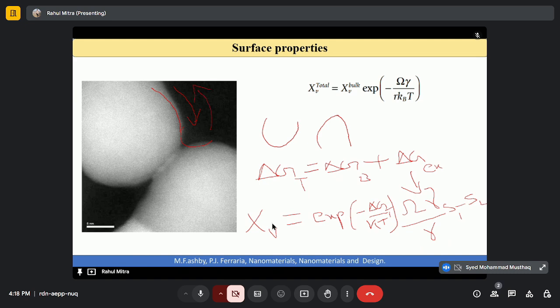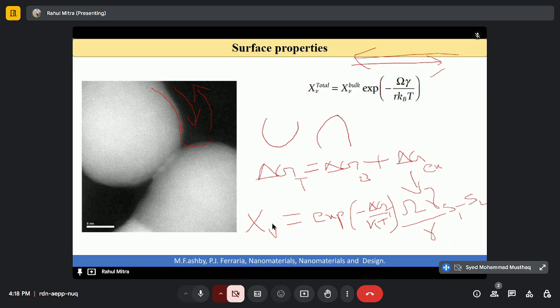For substitutional diffusion, you need vacancy movement, because the atoms can't jump without a vacancy. So if we have a movement of atoms on one side, then we have vacancy movement on the other side.